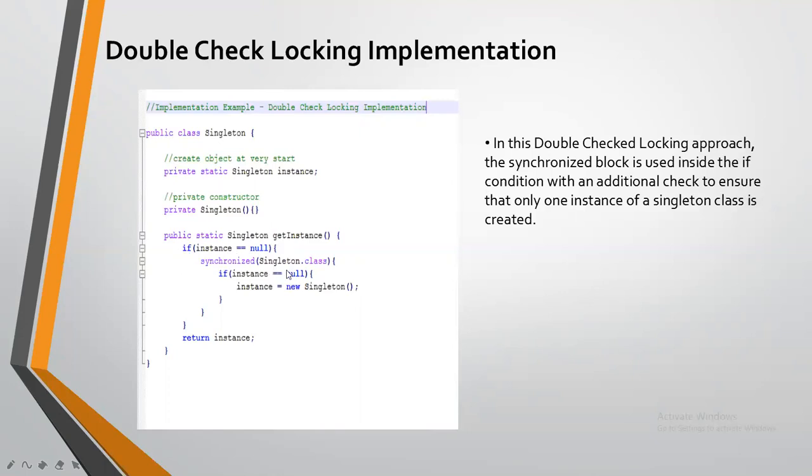Here one thread will acquire the lock. Since the second if condition is not there, it will create the object, and then the other thread will also create the object. So both threads will create the objects actually.